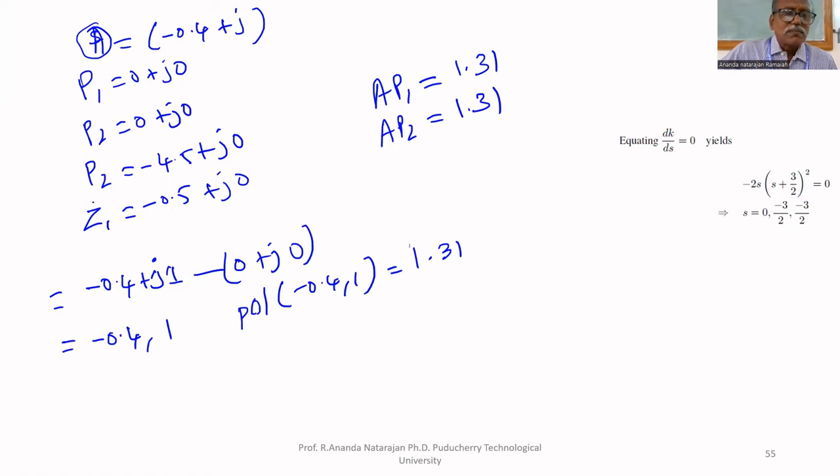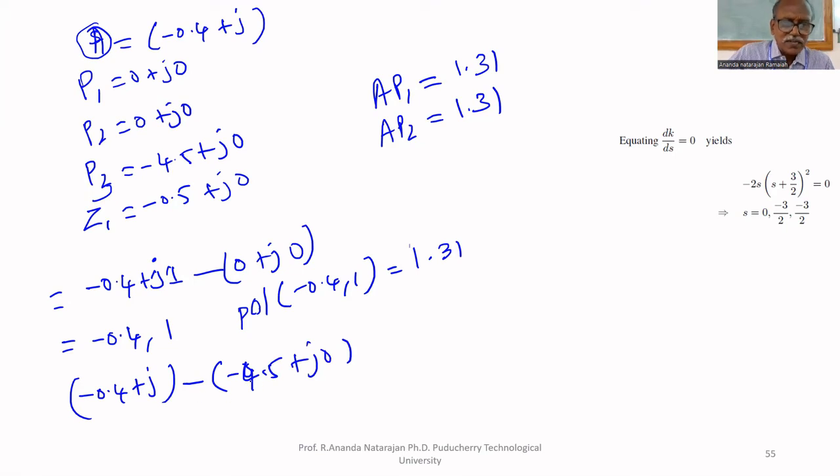AP3 equals what? We have to subtract. The point is minus 0.4 plus j. From that, we subtract minus 4.5 plus j0. If you subtract, you will get plus 4.1 plus j. Am I correct or not?